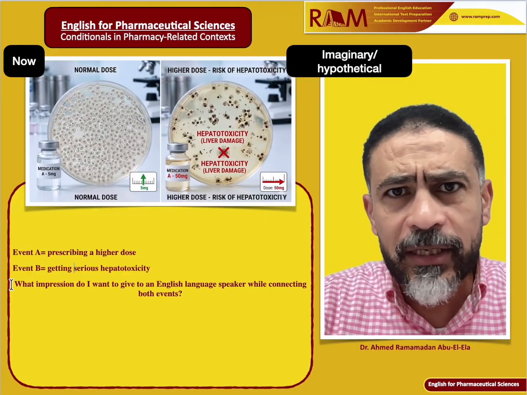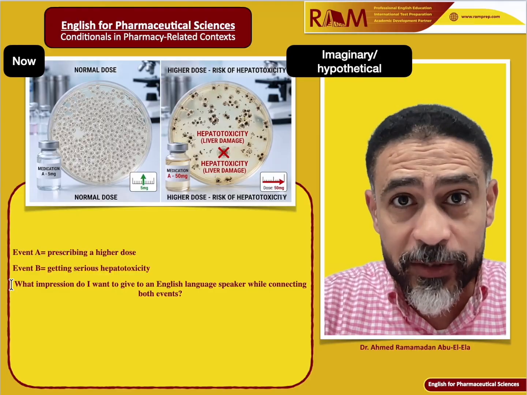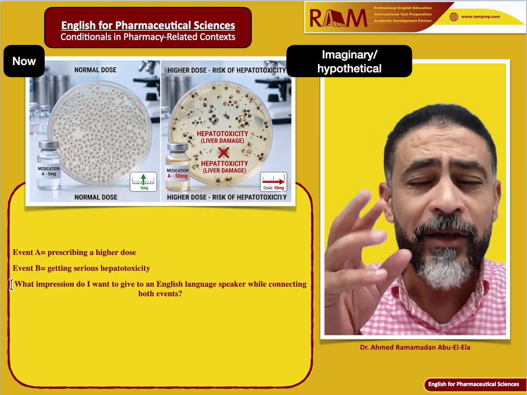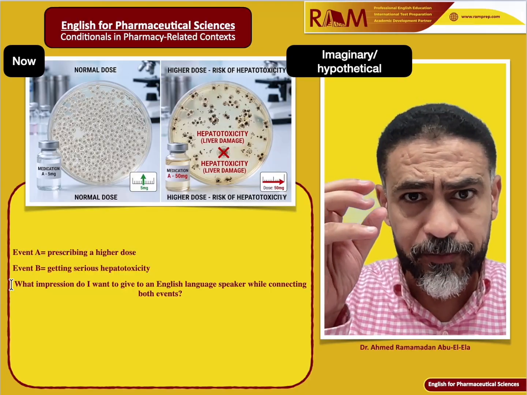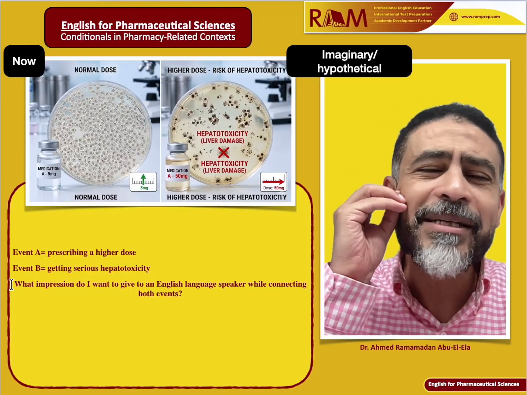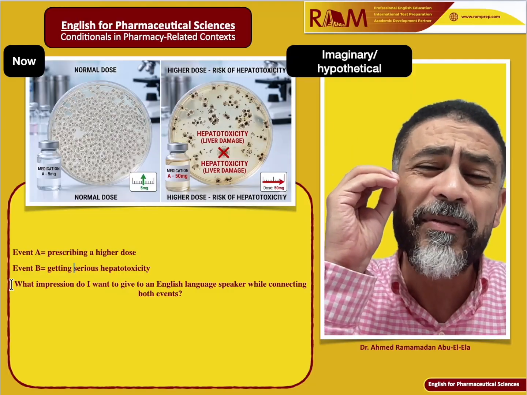I want to tell him that this is not true in the present. This is just imaginary. This is just hypothetical. Giving a higher dose of this medication is something that we imagine right now, something we consider hypothetical.